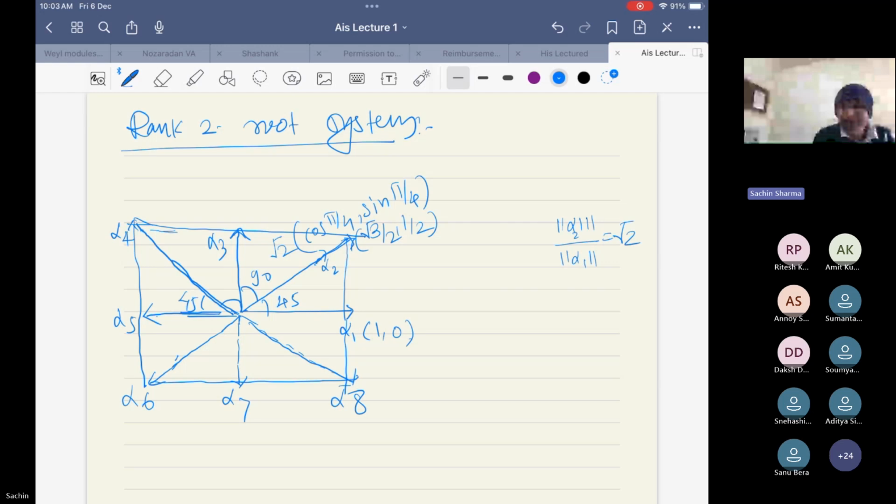What is the name of this root system? Anybody from the Lie algebra background? This is B2.